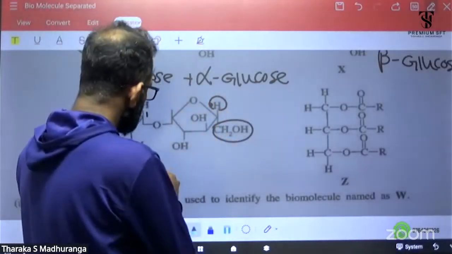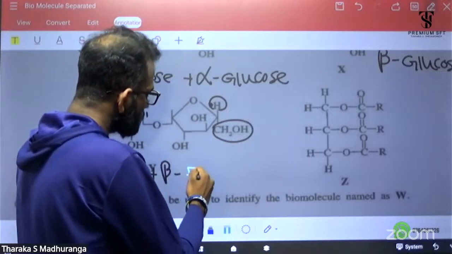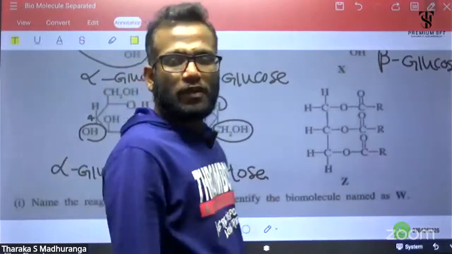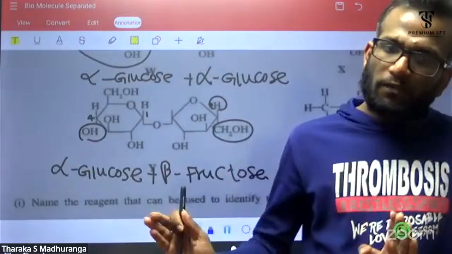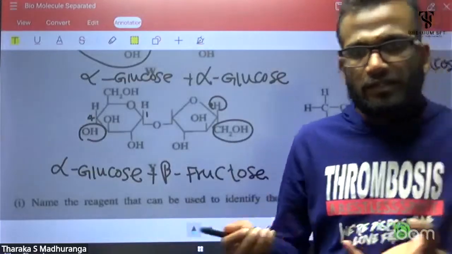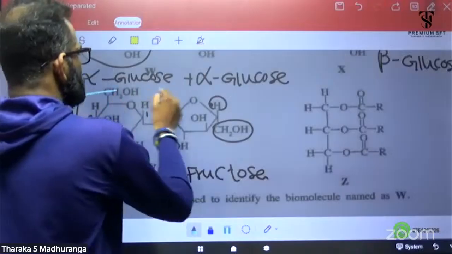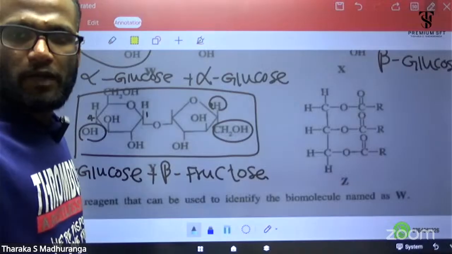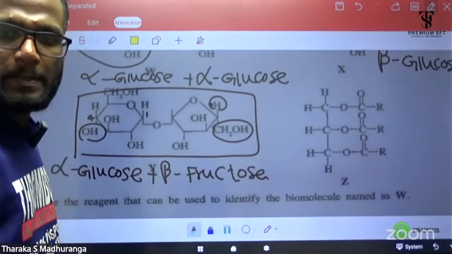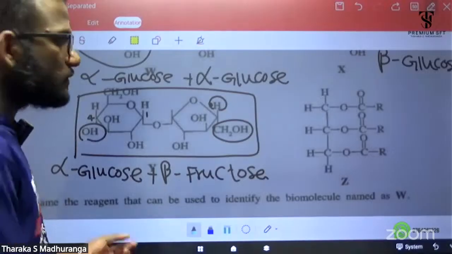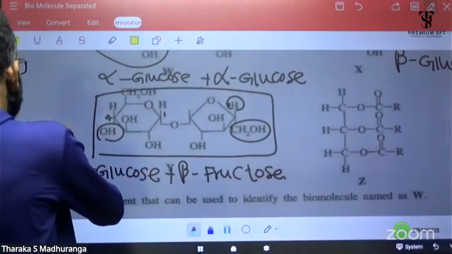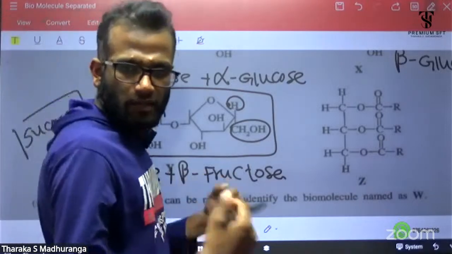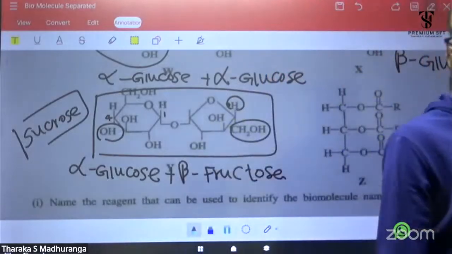Now it is beta fructose. Okay, alpha glucose plus beta fructose. What is the name of this disaccharide? It is sucrose. If you can identify them, the questions below are very simple, right?